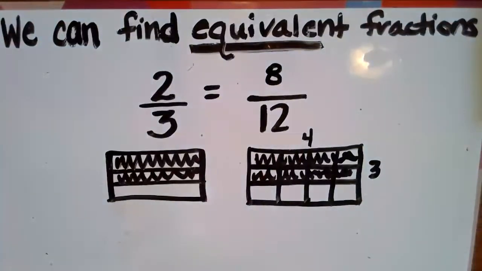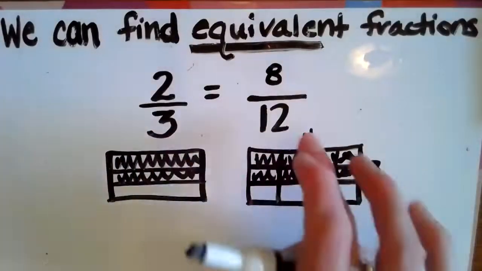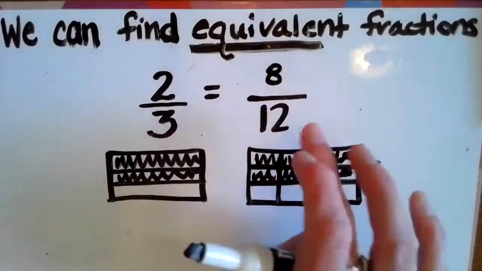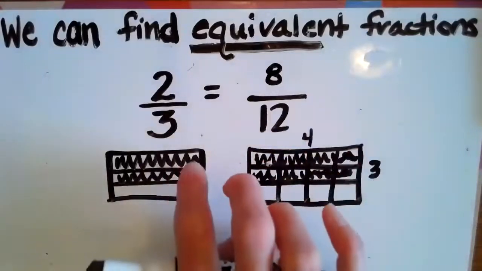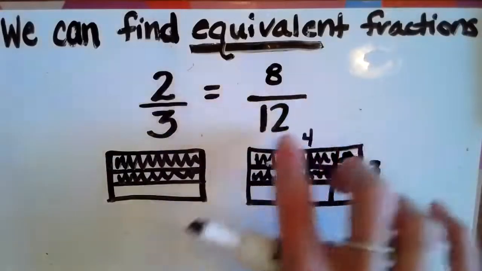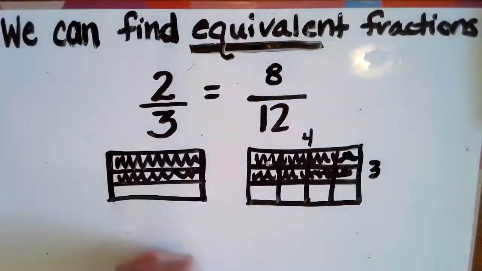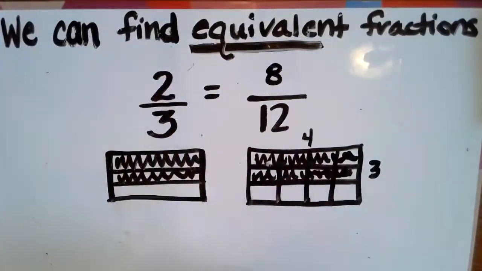Since I changed my model from thirds to 12ths, I know that 12ths are smaller units than thirds, and so I needed way more 12ths to be the same as 2/3 since my individual units are smaller.